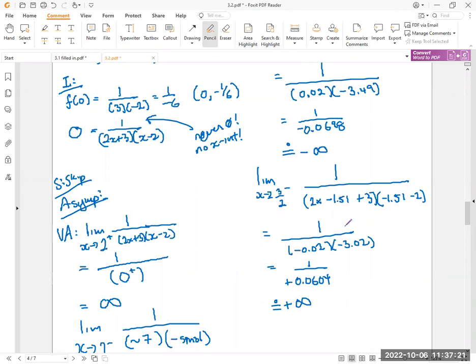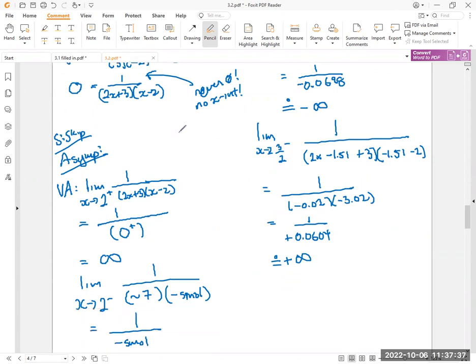Yep. It's just a conceptual thing. If that makes it more clear for you, I can do that. You're right. This is 7, but smaller than 7. Okay.